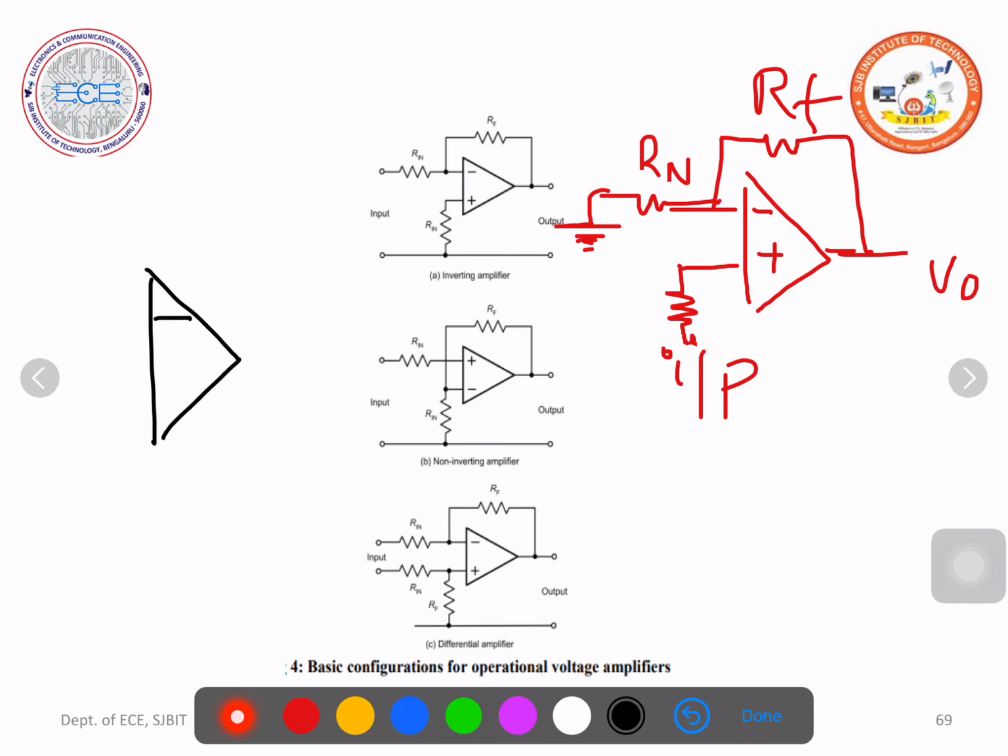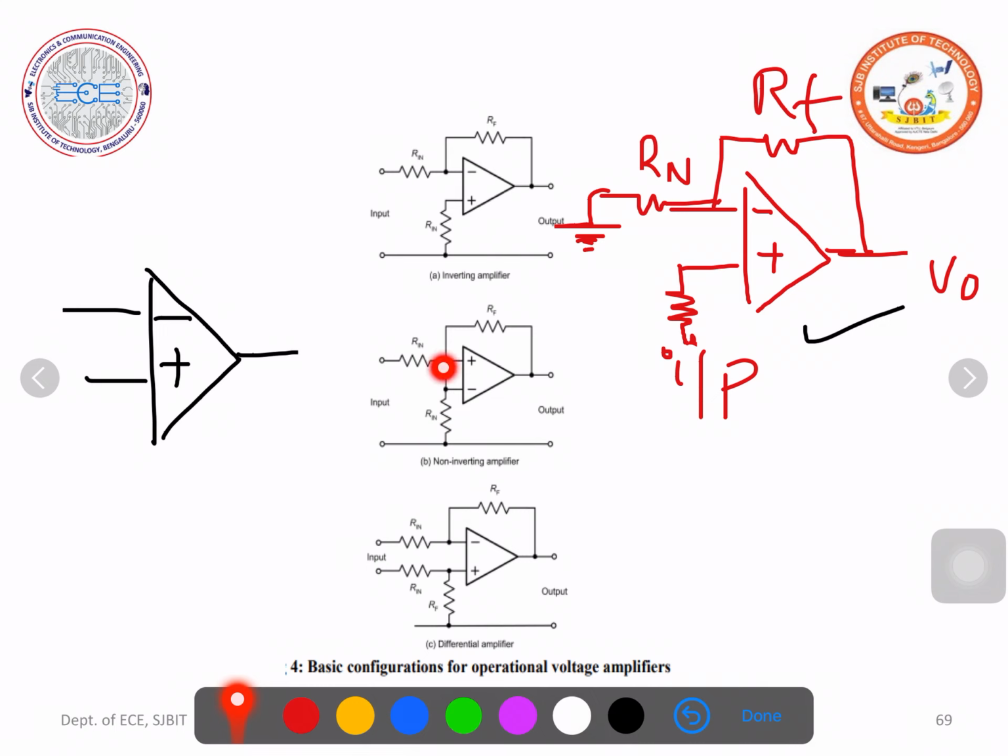Usually I always write the op-amp like this, upper inverting terminal, bottom non-inverting terminal. This is my convention, which I always follow, so I will go with this circuit. If you are good enough, you can write the other circuit also, no issue. But you should remember, in the non-inverting amplifier, we should apply the input to the non-inverting terminal. The inverting terminal is grounded and the feedback is the same.